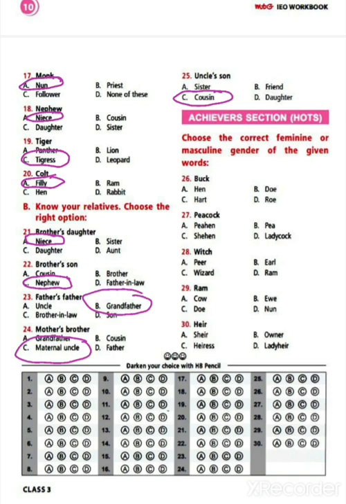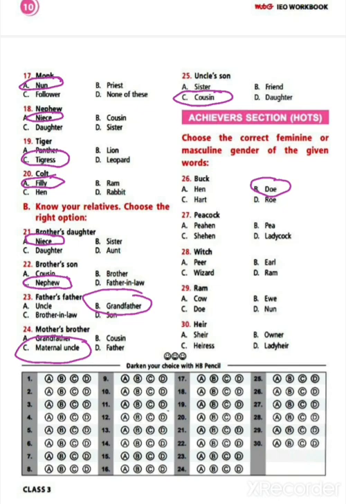Next is choose the correct feminine or masculine gender of the words given. 26, buck. And your options are hen, doe, hart, roe. So the opposite gender of buck is doe. Your option B over here, doe. 27, peacock.